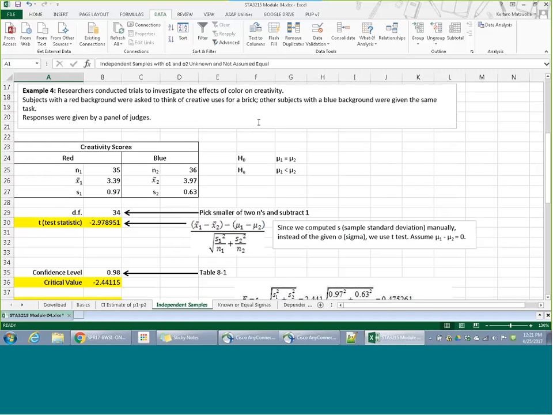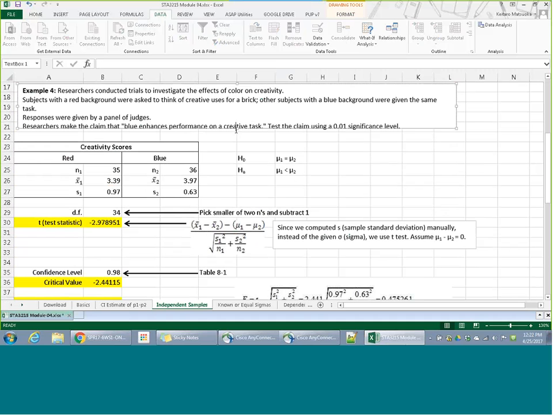Researchers conducted trials to investigate the effects of color on creativity. Subjects with a red background were asked to think of creative uses for a brick. Other subjects with a blue background were given the same task. Let's see if the color makes any difference in terms of creativity.